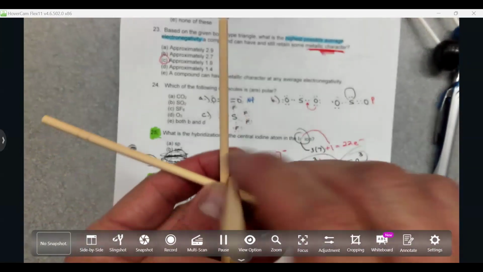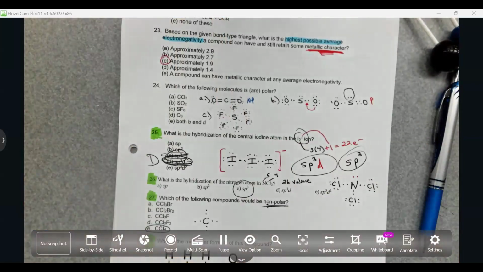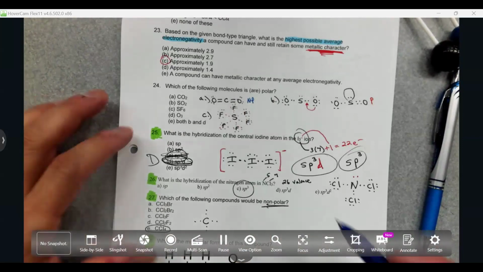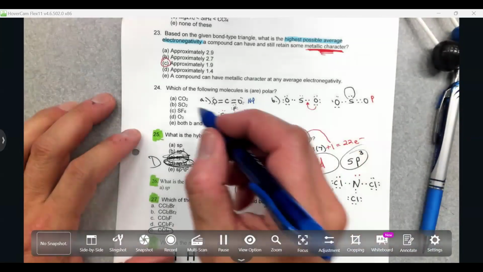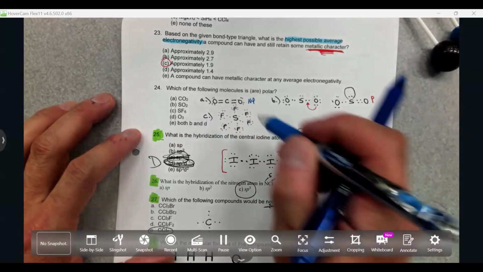And then top and bottom. I need to bring my meter sticks. Everything's 90. Everything's going to cancel out. That's nonpolar. So we know that this is nonpolar.